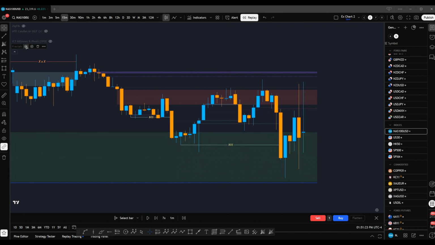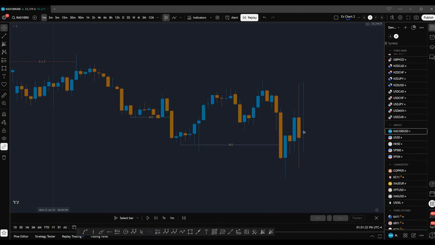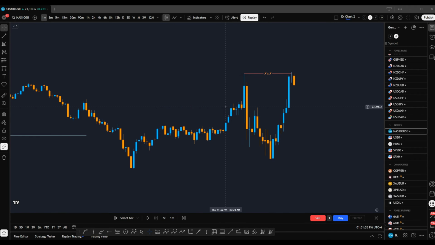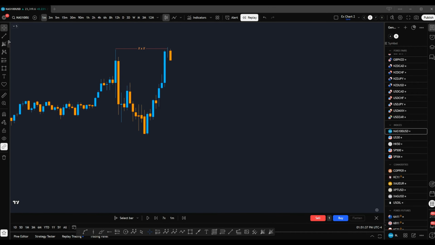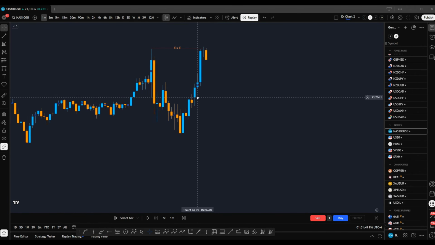So now that I know that my bias and narrative is essentially bearish and I need to look for bearish positions, I'm going to go down to the 1 minute, and in the 1 minute, as you can see, I have price marked up here, right? It's sweeping this liquidity as well. But since I know I'm bearish, I don't need to look for anything too extensive, right?